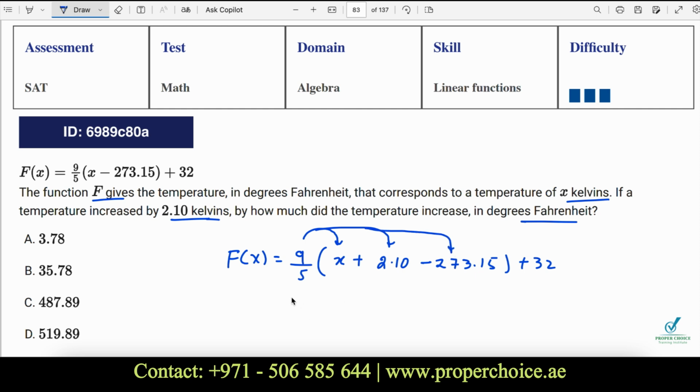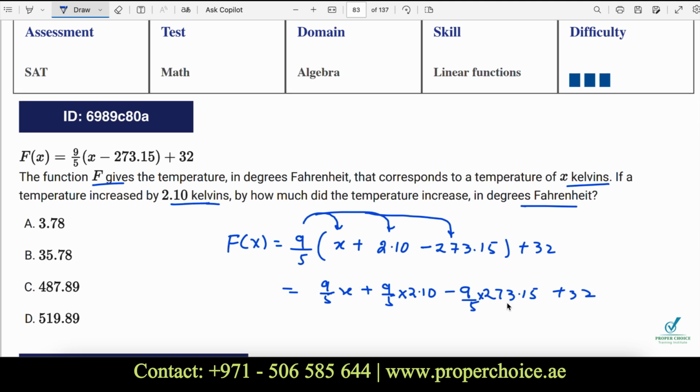So I can rewrite this equation as 9 by 5 x plus 9 by 5 times 2.10 minus 9 by 5 times 273.15 plus 32. How do you simplify it further?